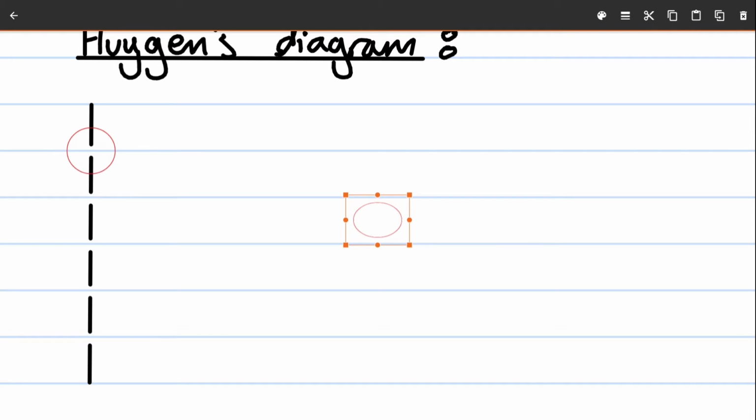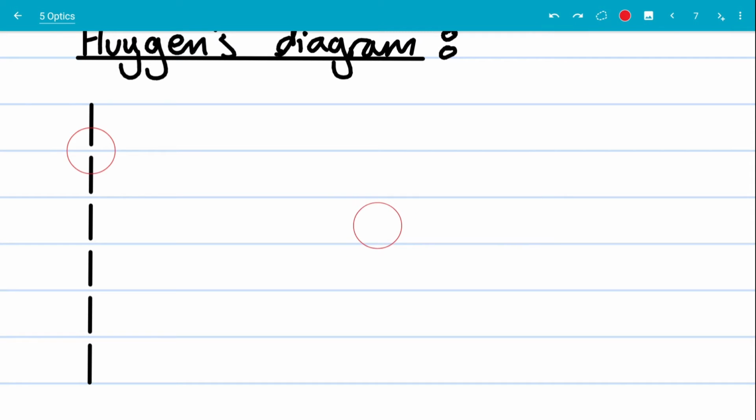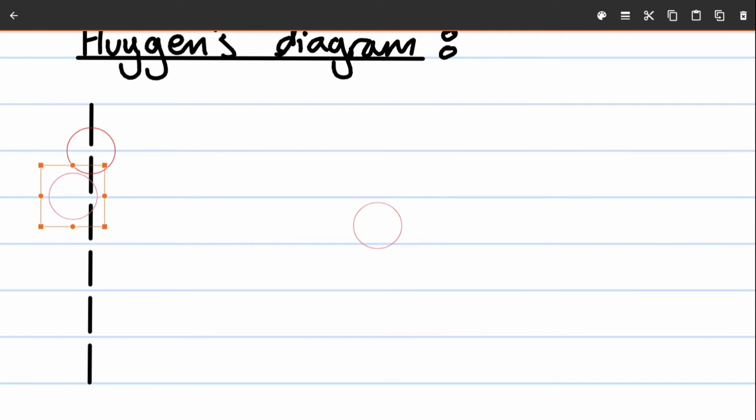Oopsie, no, we don't want that. Let's undo that. And let's select this and let's pop this here. And I'm going to just draw all these little wavelets all the way down. We already know that if I look some distance away, that they are all going to line up the wavefronts, because we've seen that before to produce each subsequent wavefront by looking at the superposition of these wavelets.